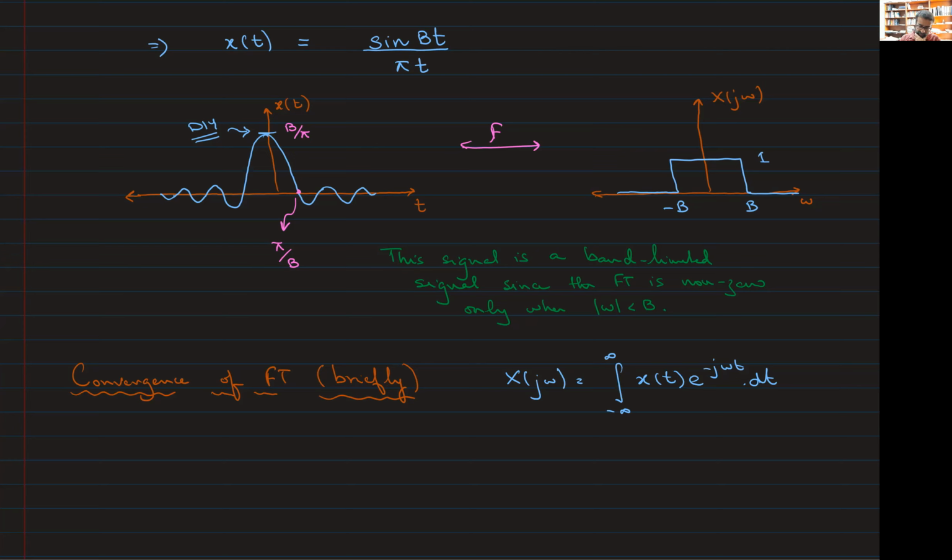All I want to say is that as far as we're concerned, the important point we will just glance over, without the proof, is that X of j omega converges. When I say converges, what does that mean? That means that a finite value comes, the absolute value of X of j omega is less than infinity. That's what it means for all values of omega, no matter what omega is. It stays bounded, right? It converges.